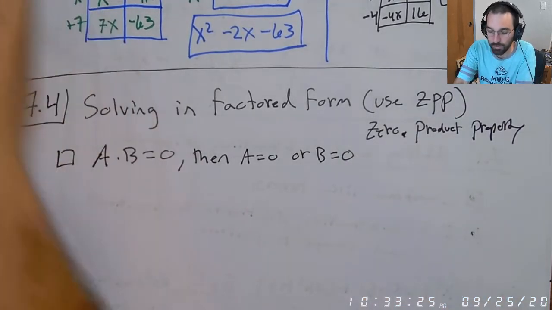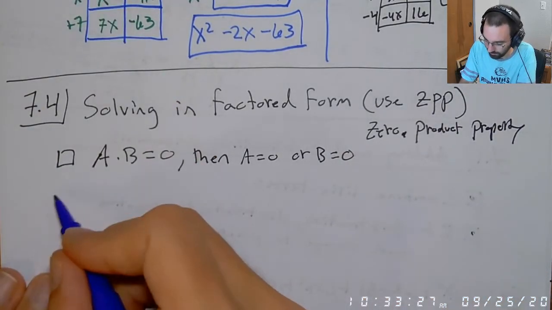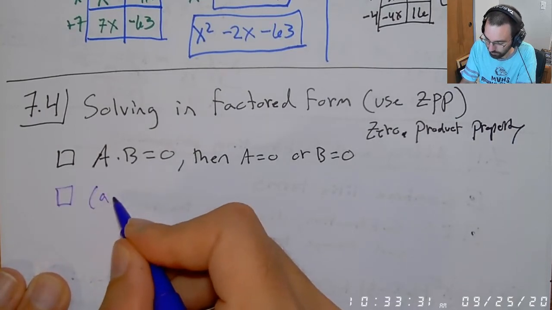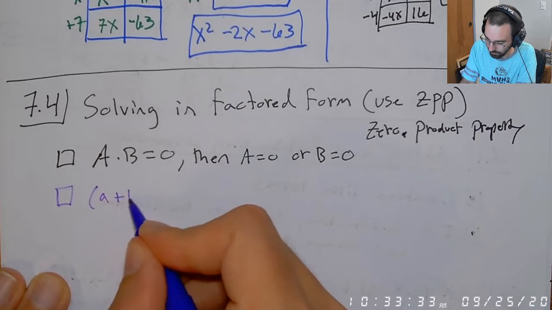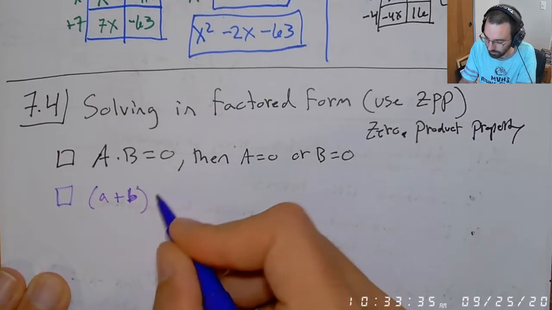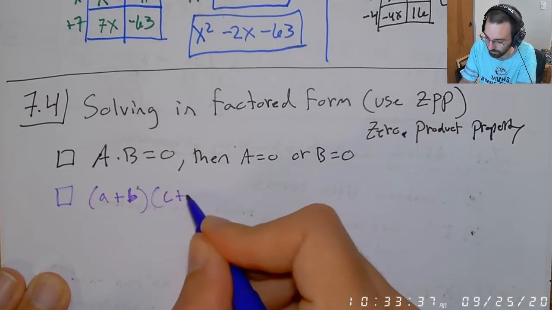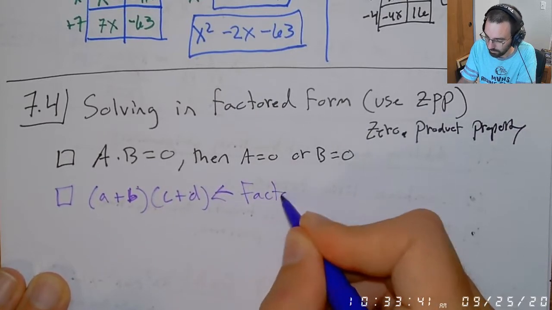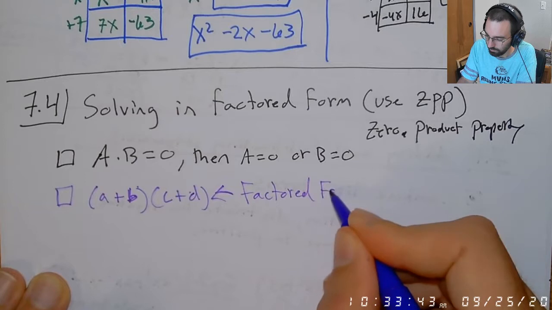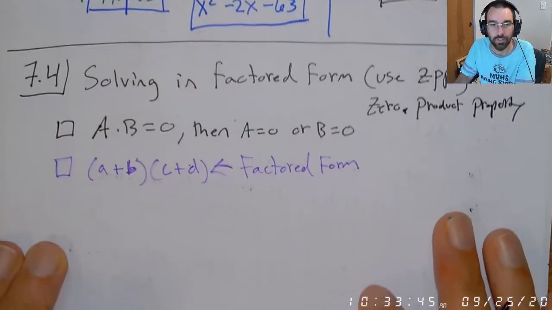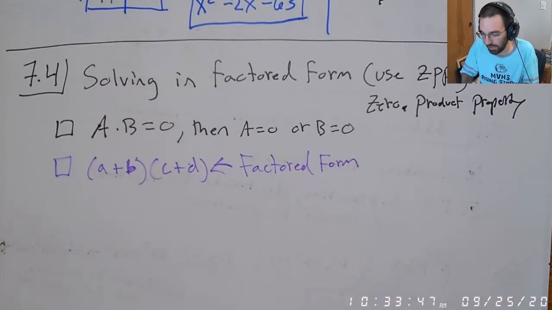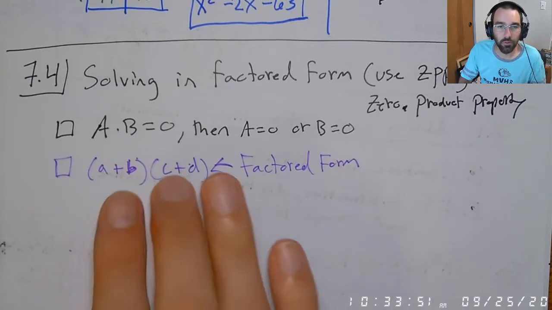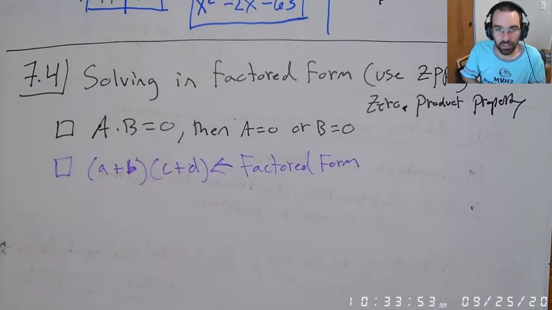And then factored form looks like this. So those were the 2 big things, right? Where A and B, C and D, they're just anything, right? So factored form is when you have the 2 parentheses, okay?